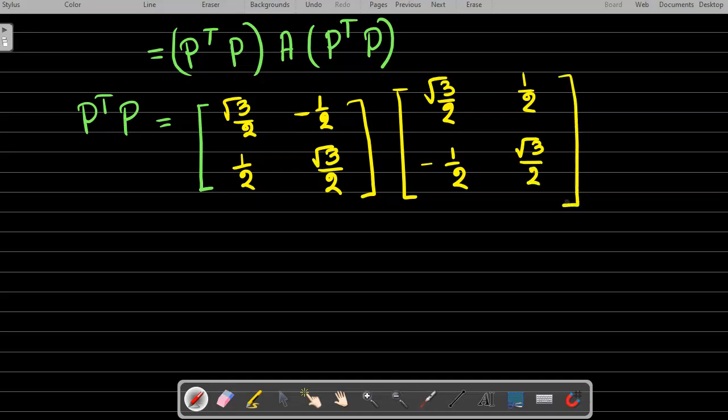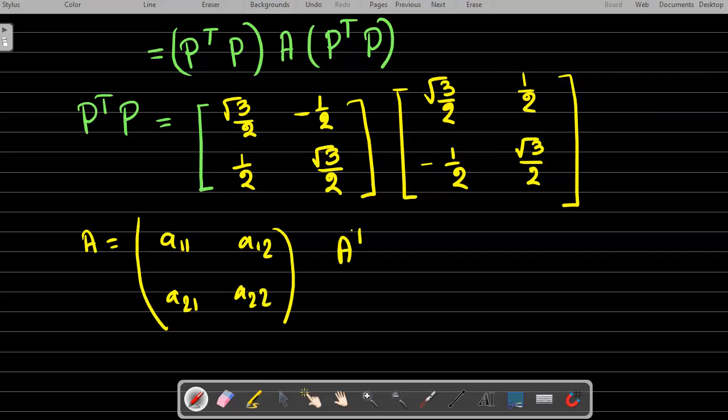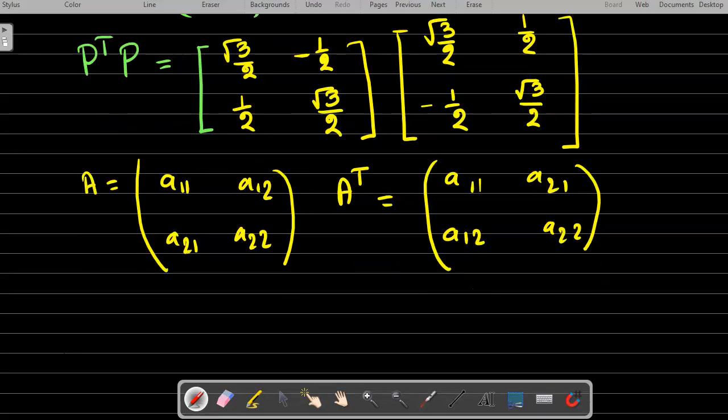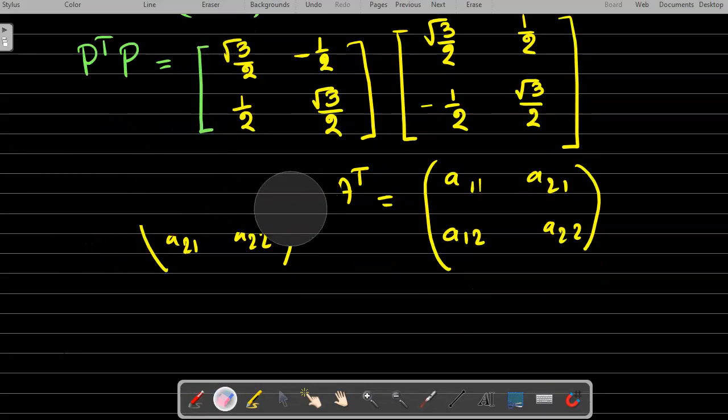I hope you all know what is the transpose of a matrix. If A is equal to A11, A12, A21, A22, then what is the transpose? A transpose is equal to the rows will become columns and the columns will become the rows. So write the rows in columns and write the columns in rows. So this is the transpose matrix. So I hope you all understand what is transpose. So let me remove this.